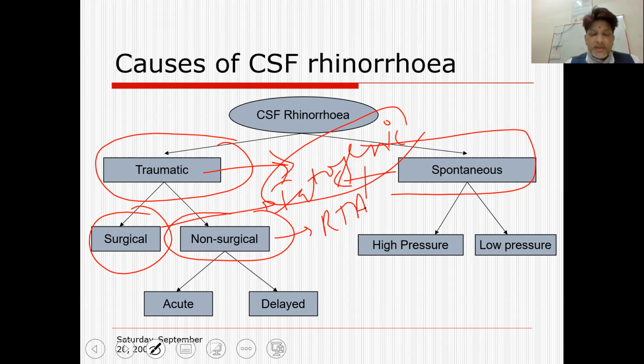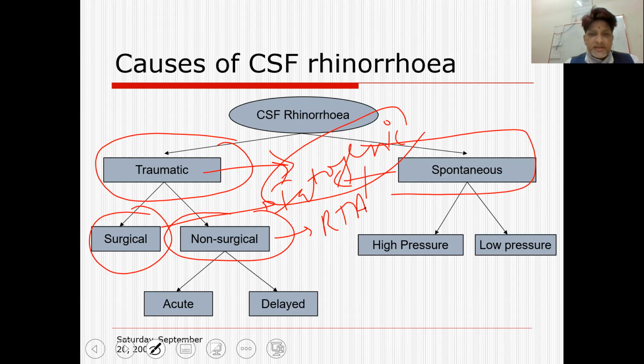Even surgeries, particularly pituitary fossa surgery, which is nothing but adenoma, microadenoma or macroadenoma surgery, apart from that olfactory fossa surgery or other carcinomatous surgery, in which the bone has been drilled, carry chances of this CSF leak.